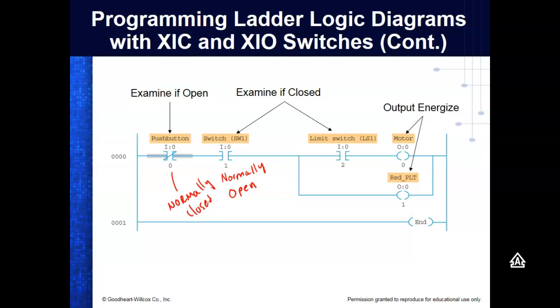So this right here means this is true if we'll call it the push button is pressed. And this right here, this is true if the push button is closed.